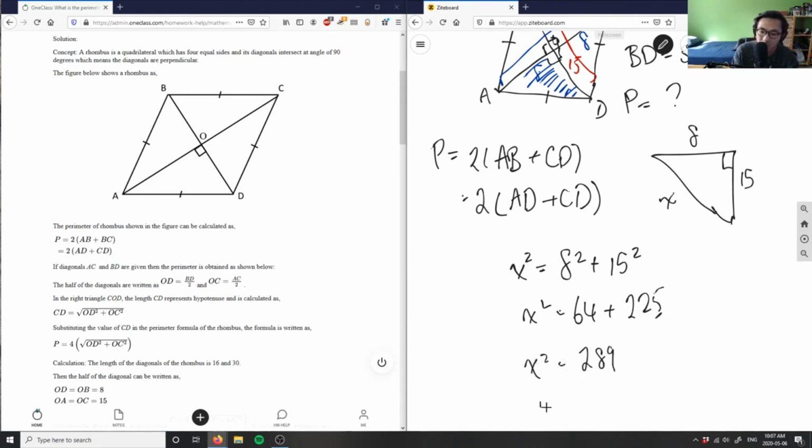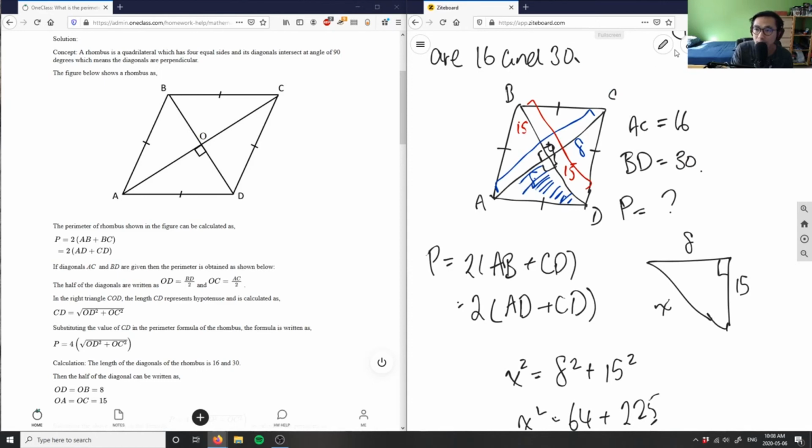If I square root both sides, I get 17. So my side length is 17. This A to D here is 17, which means these sides are all 17, because they're equal to each other.